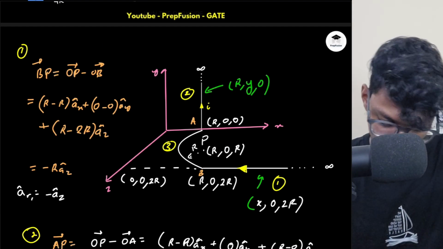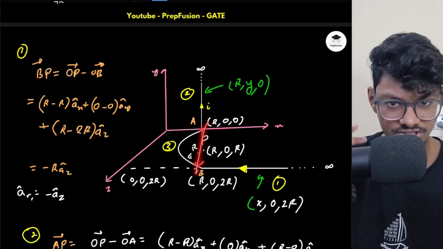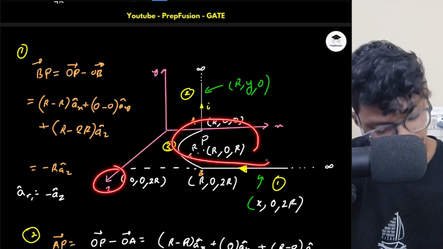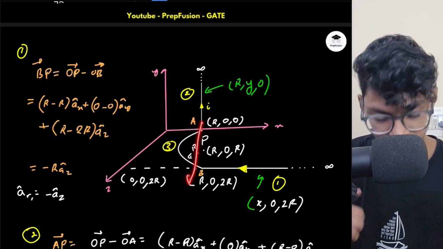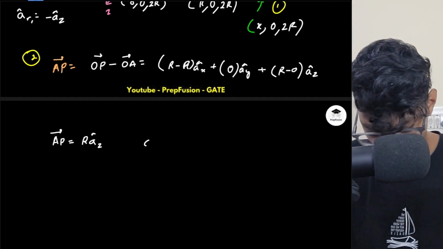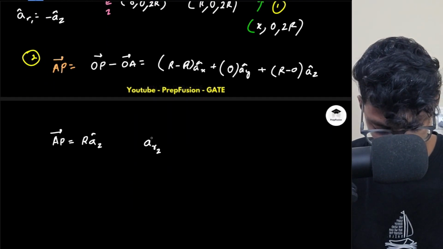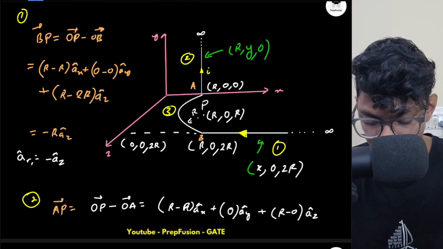Let's see, does it make sense? Yes, it makes sense because I'm coming from here to here and this is pointing towards a positive z direction. Don't go into the drawing, this drawing is not perfect, but just try to understand the feelings. So it is coming towards the positive z axis, so yeah, it is correct. And what is the unit vector for the section 2? It is simply AZ, right? Just divide by the magnitude.